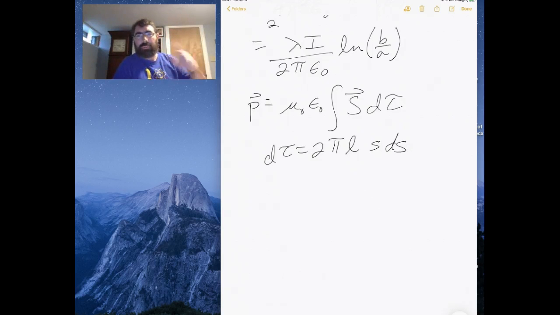So 2 pi comes from the phi direction, L comes from the z direction. And so S, the Poynting vector, is only dependent on the radial direction s.